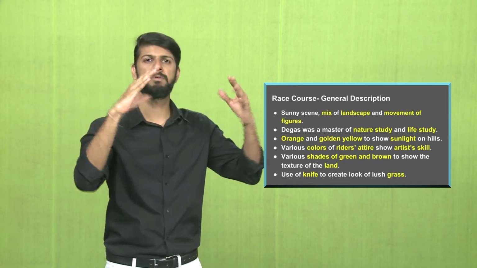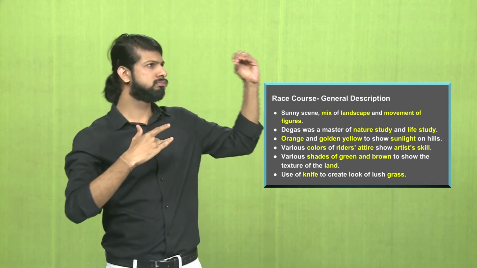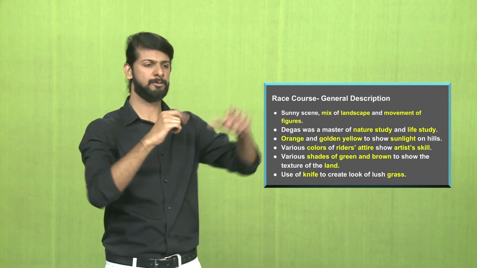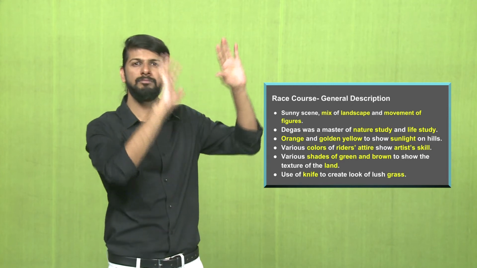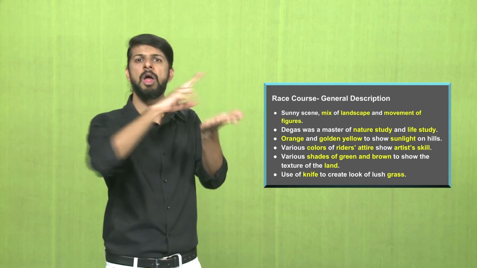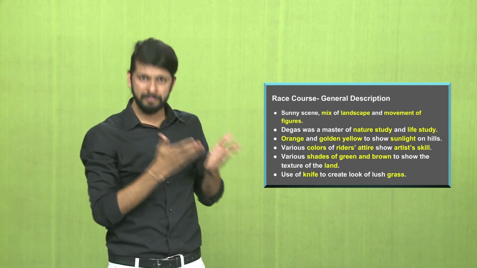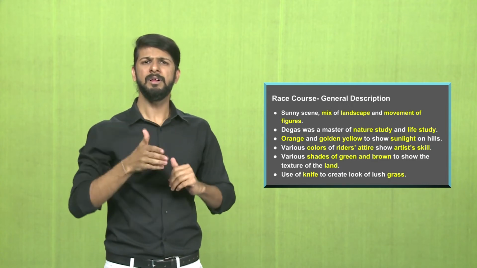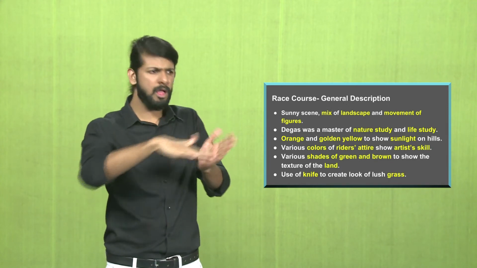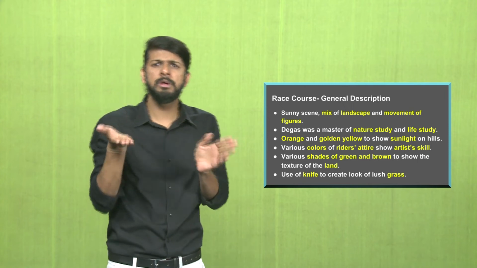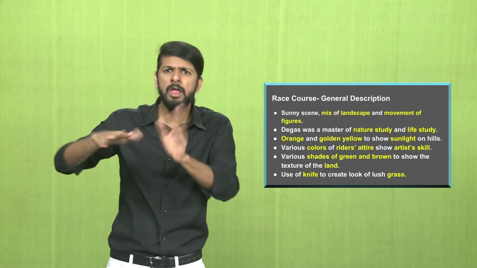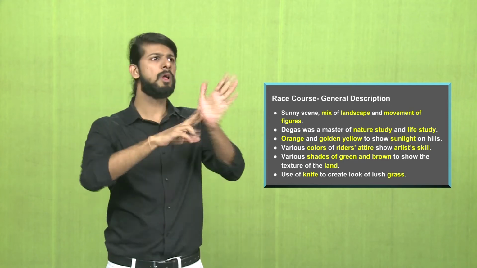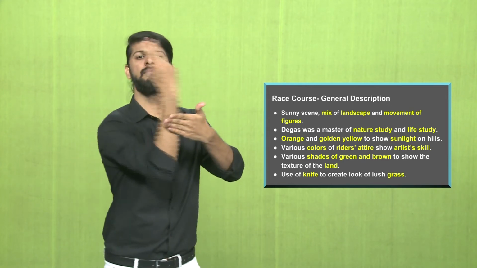There is a sunny scene, a depiction of a lot of sunlight in the art. It is a mix of landscape and movement of figures. Degas was a master of nature and life study.